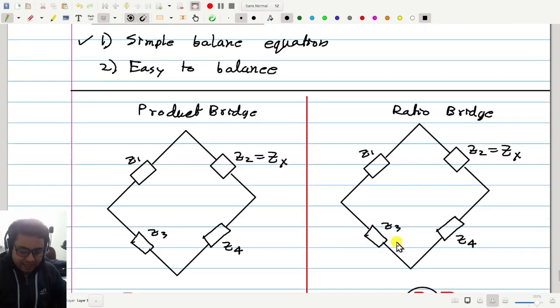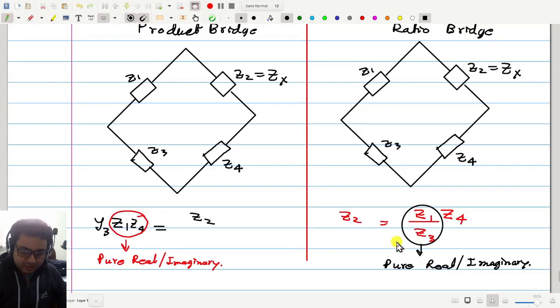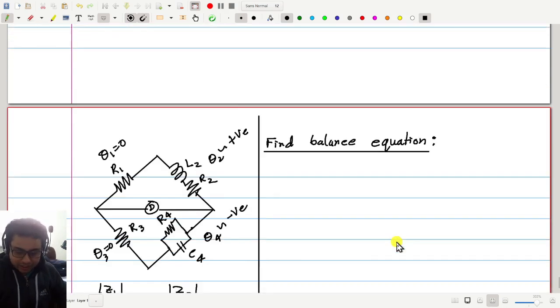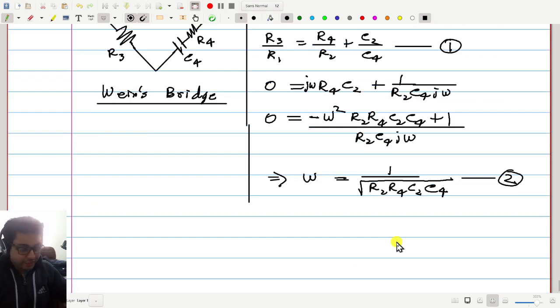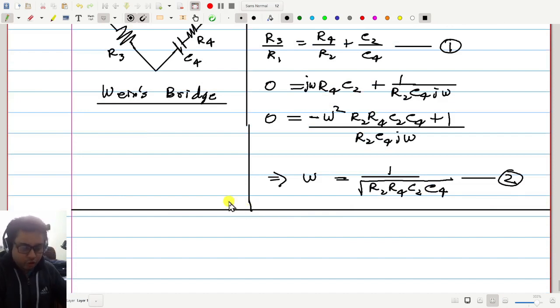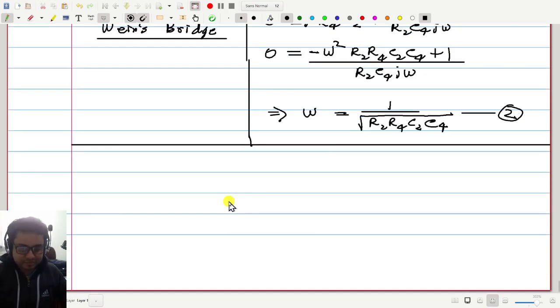And all the juggleries that we are doing are only small mathematical tricks with which you can do your calculations in fewer steps. Okay, that's all. At least I don't think there is much more scientifically interesting here. Even if you do not go for a ratio or product bridge, you can still find your balance equation, no problem, other than it will take more time, that's all. Okay.